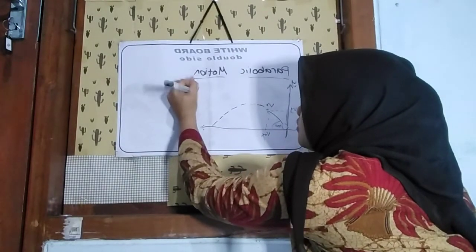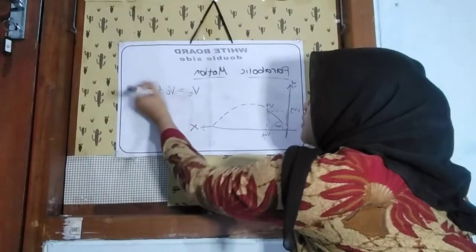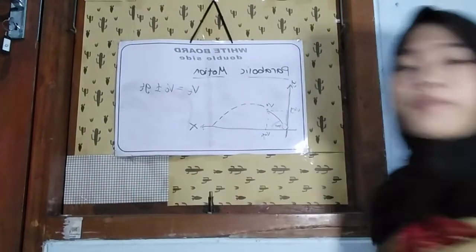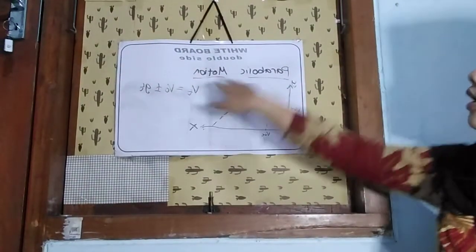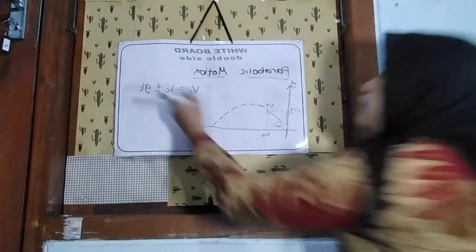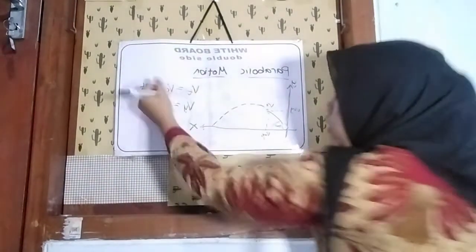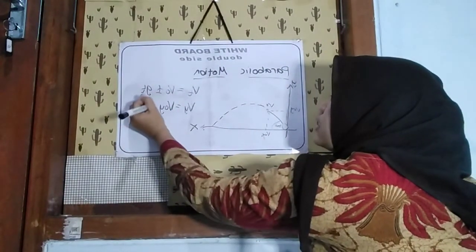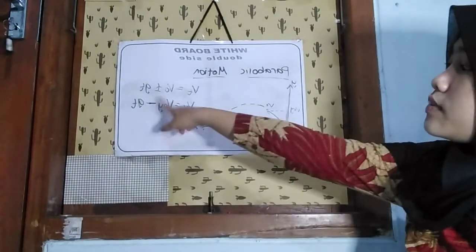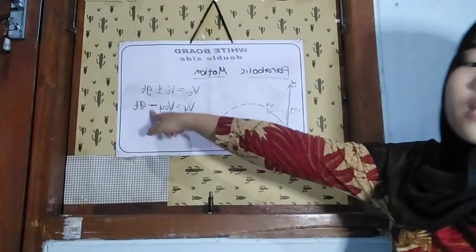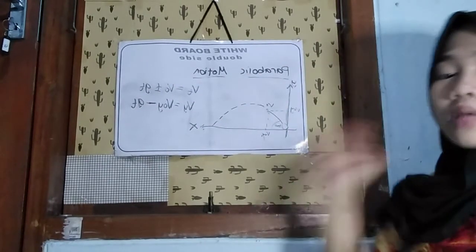The first is Vt equals V0 plus or minus g times t. For the y line, Vty equals V0y minus g t. We don't use plus or minus, but in this formula we use the negative sign, because the assumption is that it is against gravity.